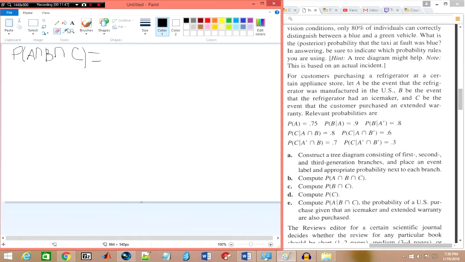What we want to do is say that the probability of C happening given that A and B happened. Alright, so doing this, and then if you multiply that by the probability of... Are you kidding me?